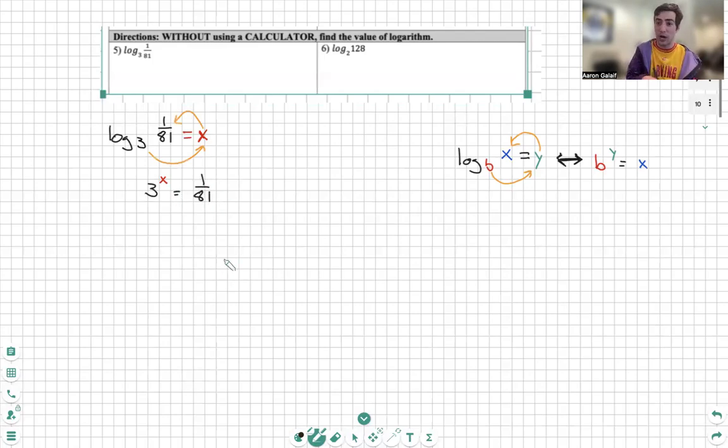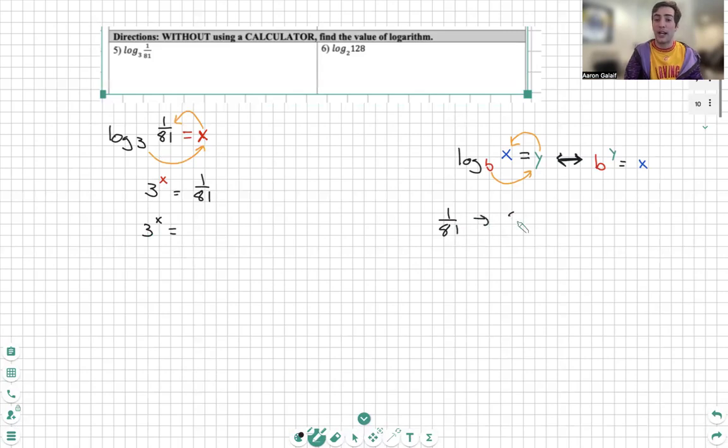Now we need to rewrite 1 over 81 to have the same base as our left side, because when the bases are the same, we can cancel them and set the exponents equal to each other. So let's go for it. I'm going to rewrite 3 to the x because that's not going to change. I need to take 1 over 81 and make that not a fraction.